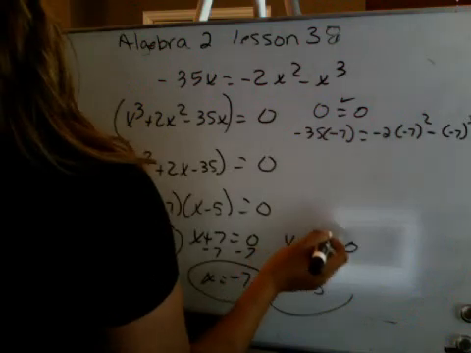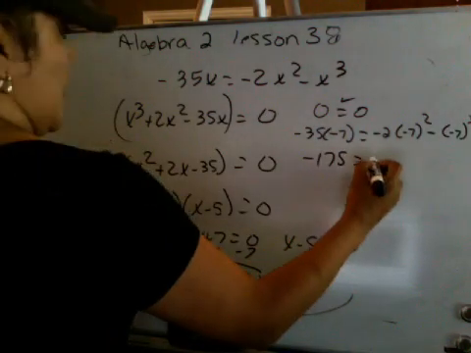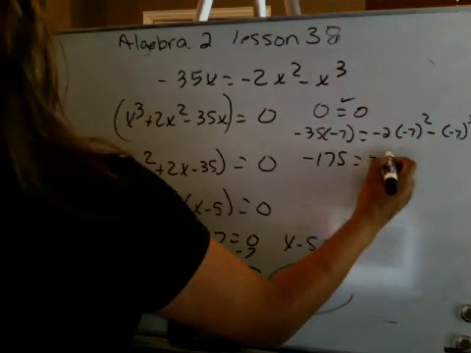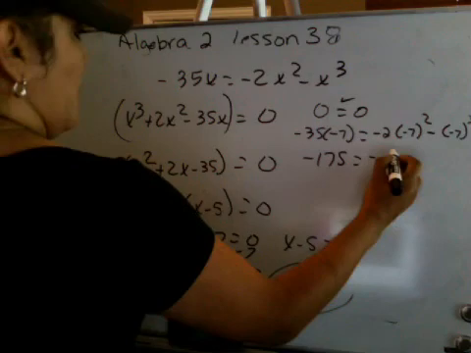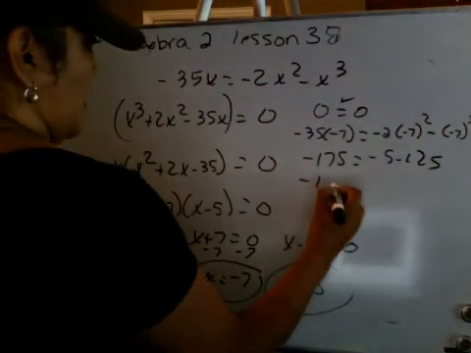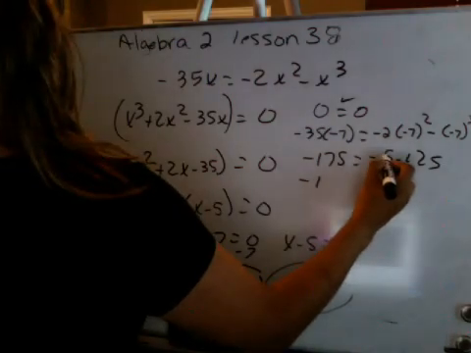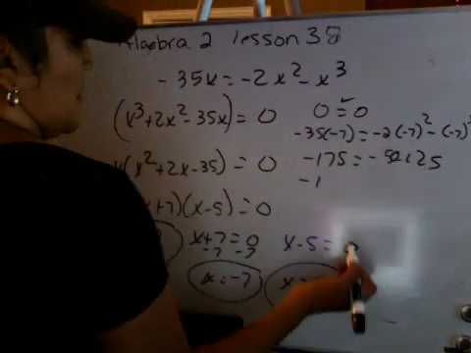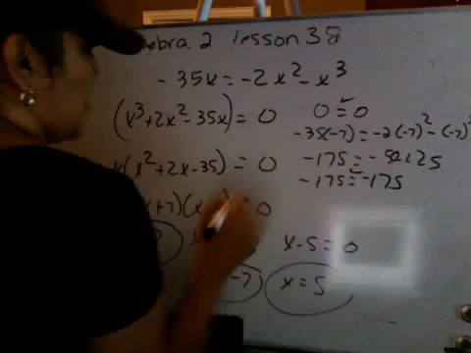The book does the calculations for me, so I'm going to rely on the book. Negative 98 minus negative 343, I think this says 50. I've got a misprint in the book. So negative 175 equals negative 175, so that checks out.